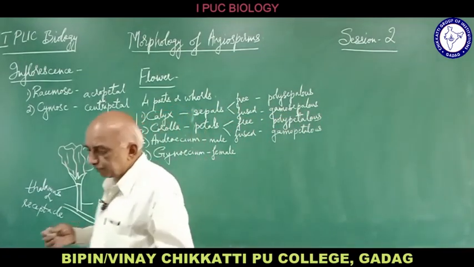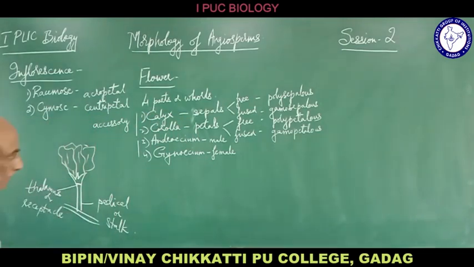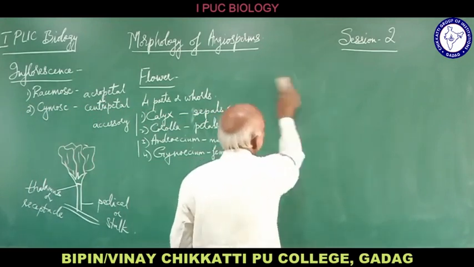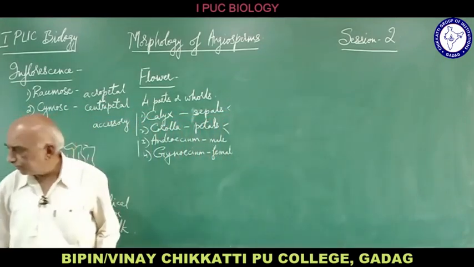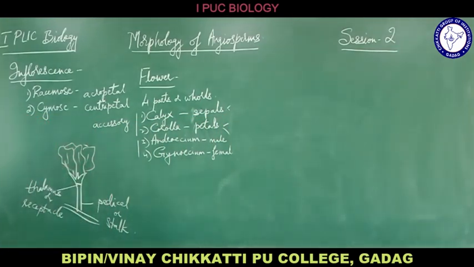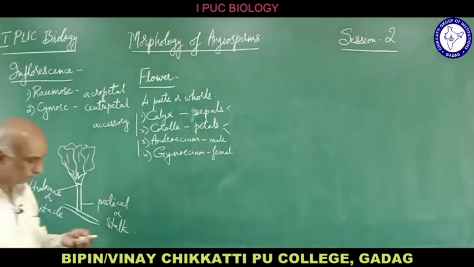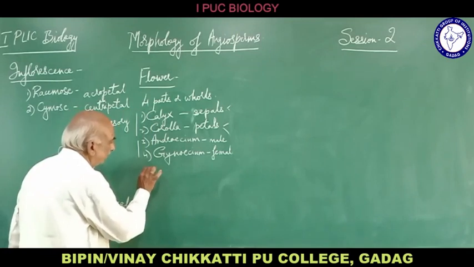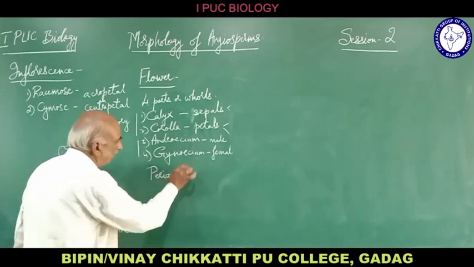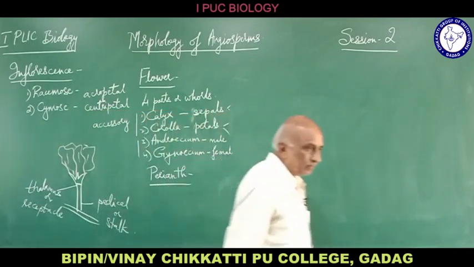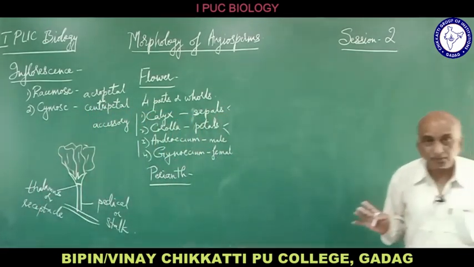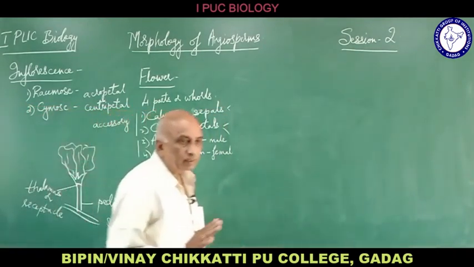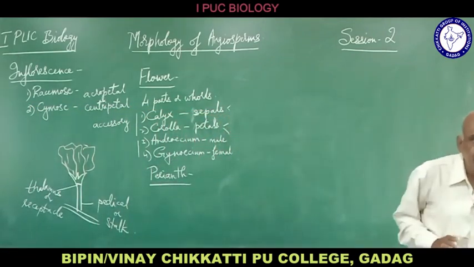Now before going to the androecium and the gynoecium study, we shall study some terms related to the flower. When we go to the flower parts, in some flowers the calyx and corolla are not clear. So in a flower, when the calyx is having distinct sepals and the corolla is having distinct petals, there we can differentiate into calyx and corolla.